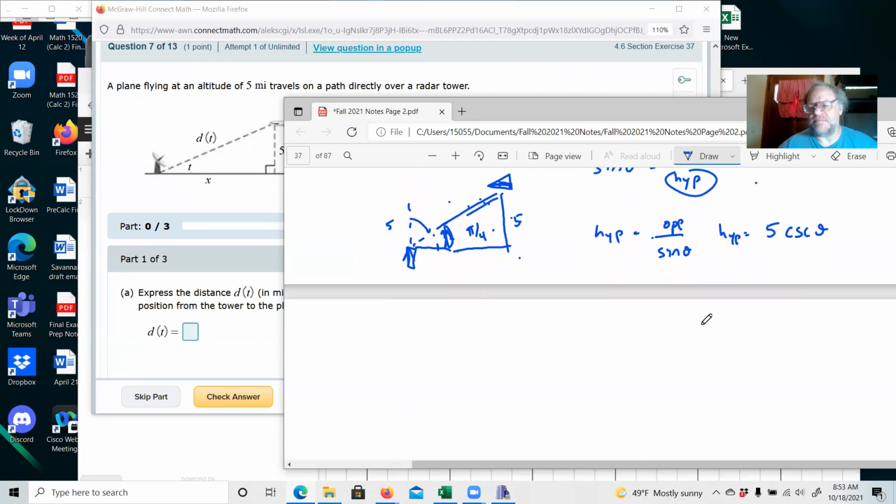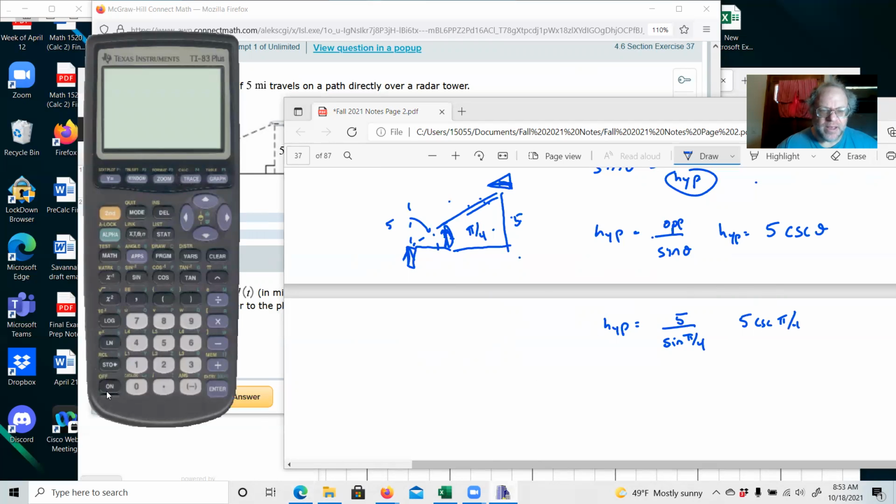Yeah, we have hypotenuse is equal to 5 over sine of pi over 4. Okay, and since we're trying to do a thing here, this is 5 cosecant pi over 4, so let's just check out what's happening here. So we have 5 divided by the sine of pi over 4.